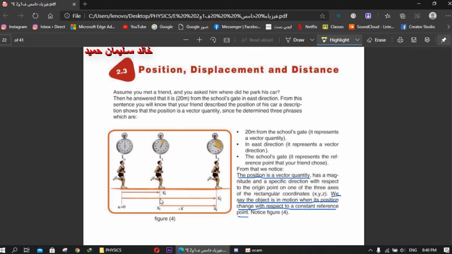This is the initial position xi, and this is the final position xf. We say the object is in motion when its position changes with respect to a constant reference point. The reference point may be the x-axis.